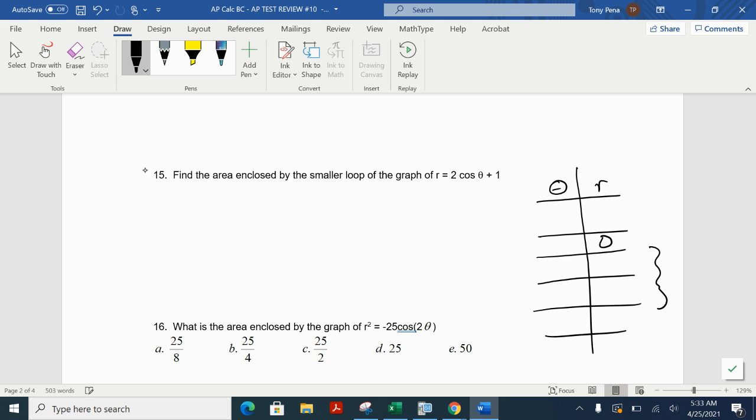And then somewhere we start getting these negative R values until we get to another R of 0 where we don't take any steps. So what we did is we figured out, when does R equal 0? In the equation, we let R be 0, and then we solve this. So cosine of theta is equal to -1/2.